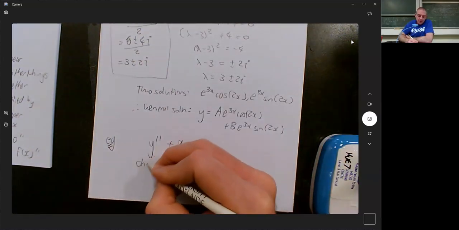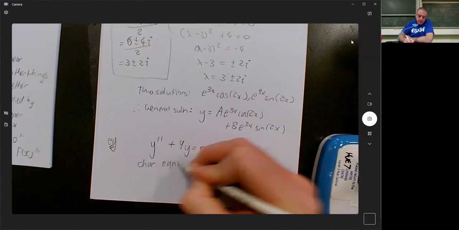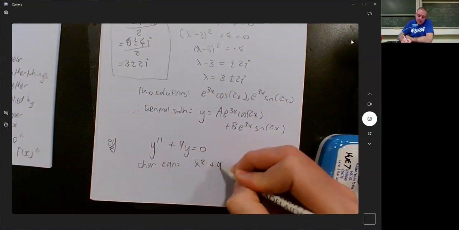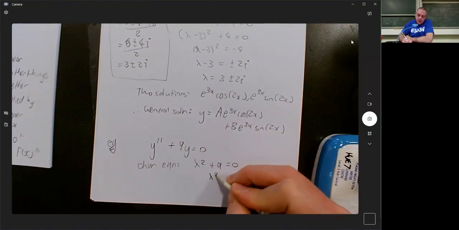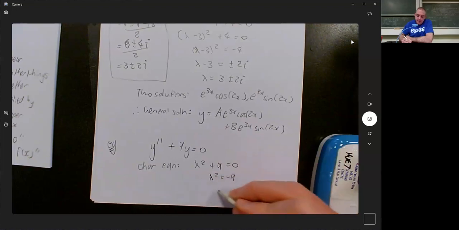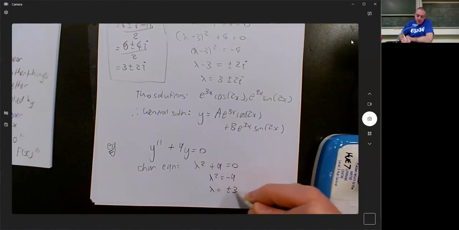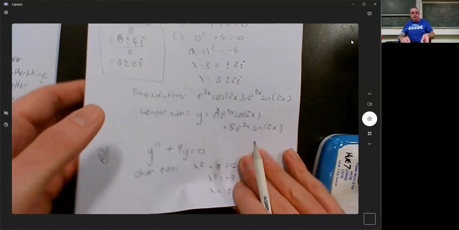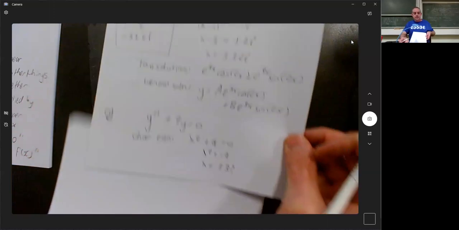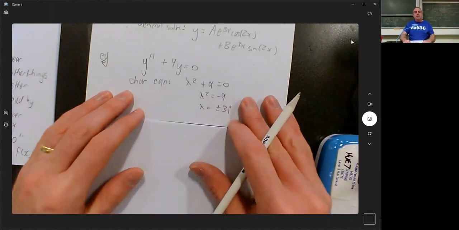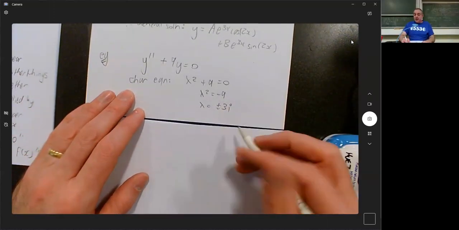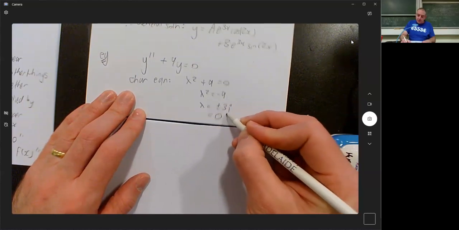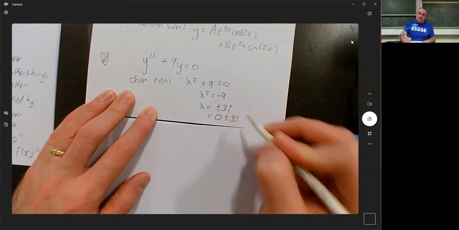So the characteristic equation was lambda squared plus 9 equals 0. Lambda squared is minus 9, and so therefore lambda is plus or minus 3i. And just for completeness' sake, that's 0 plus or minus 3i.